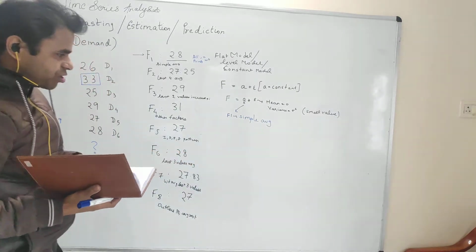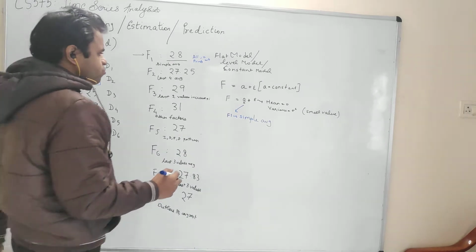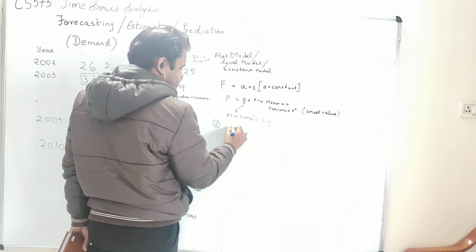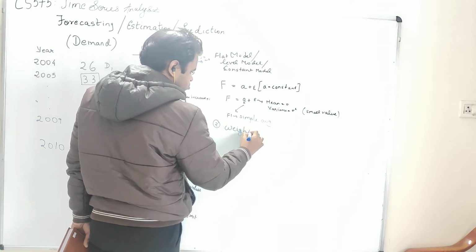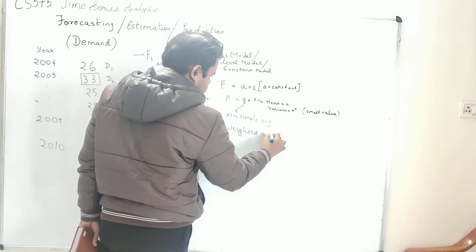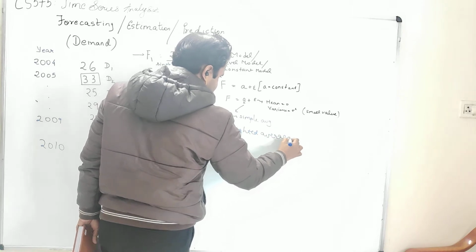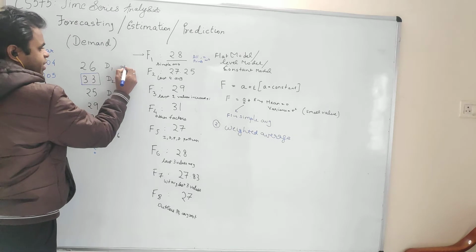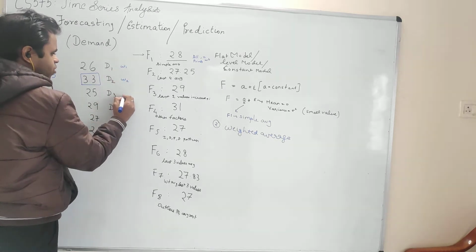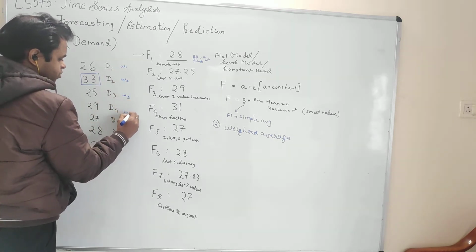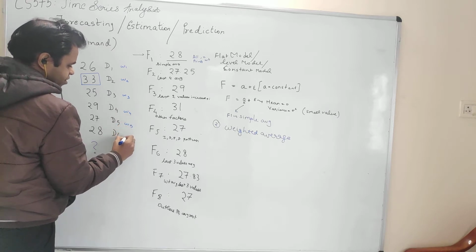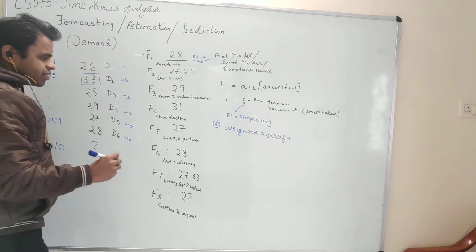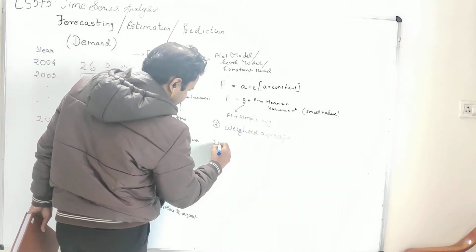Now we can come up with an F2. Let us see what a weighted average says. The weighted average says that we give weights to the values: W1, W2, W3, W4, W5 and W6.